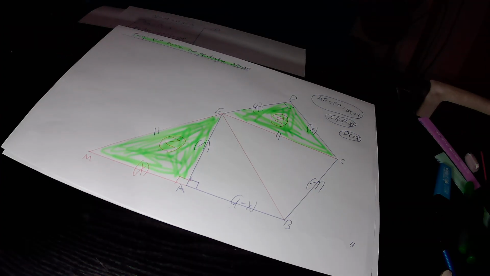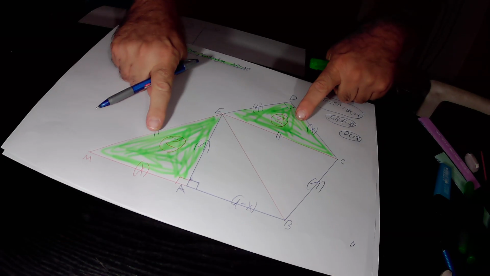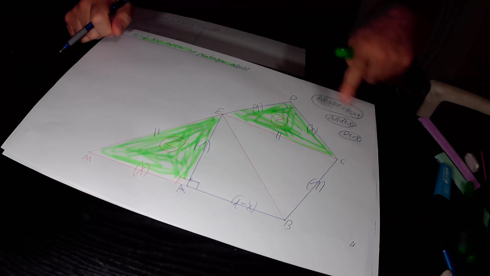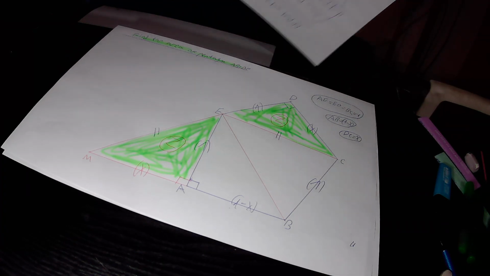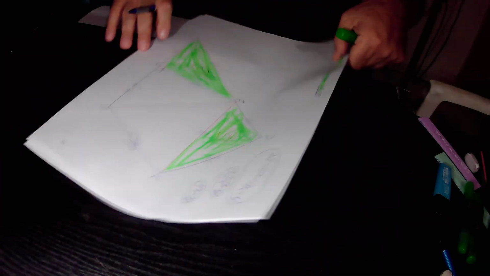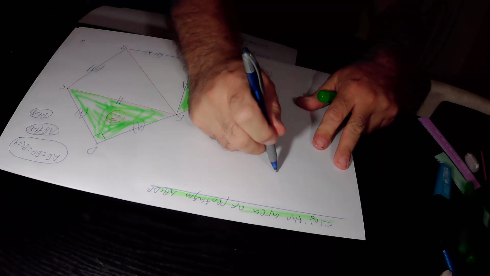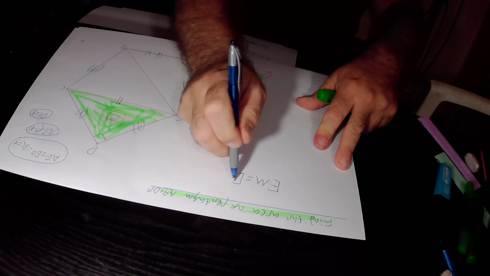Because according to the rule that corresponding sides in congruent triangles are equal to each other, those two right green triangles can go into each other, and therefore the two corresponding sides, EC and EM, must also be equal in length. So EM equals EC.